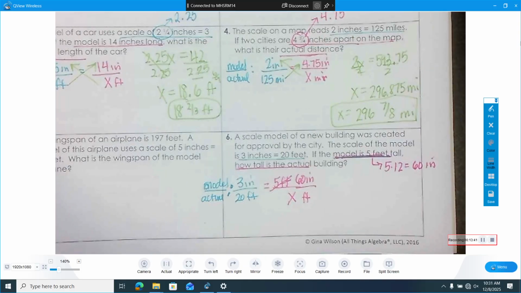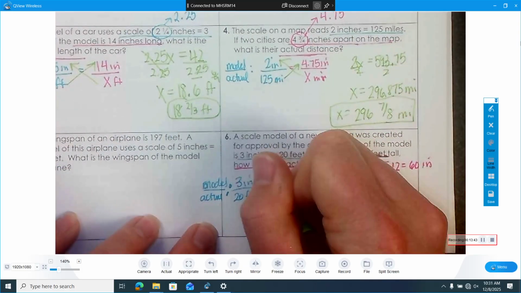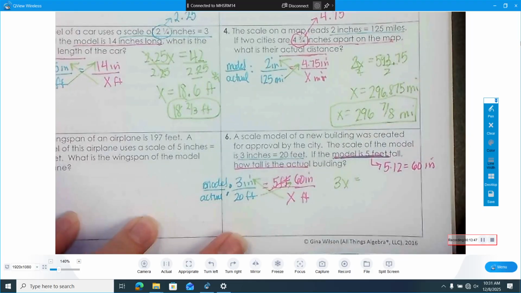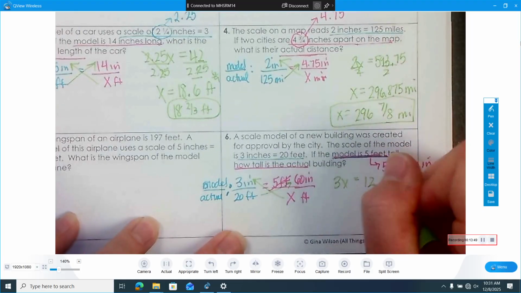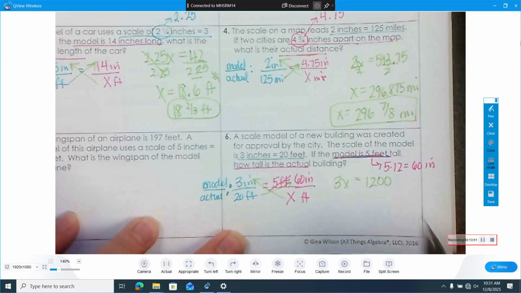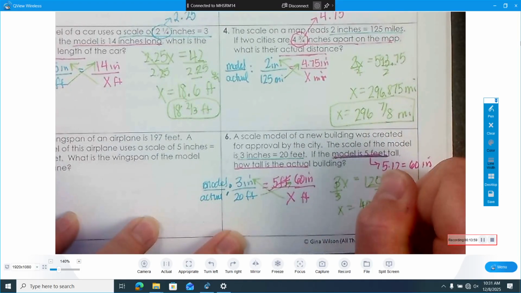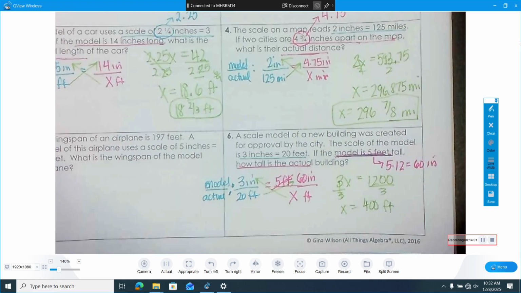Now I can cross multiply. X times 3 is 3X. And 20 times 60 is 1,200. And then we can divide by 3. And we get 12 divided by 3 is 4 with 2 zeros, 400 feet. So the model of this building, you got to imagine an architecture student, right?